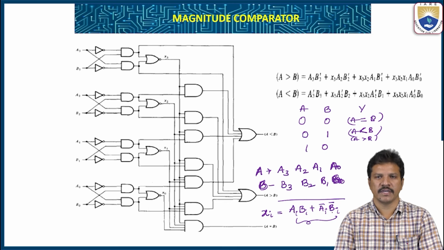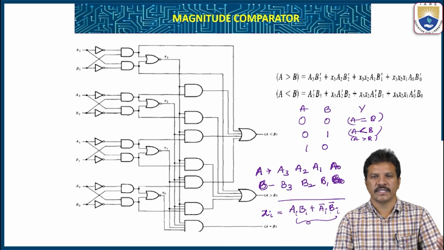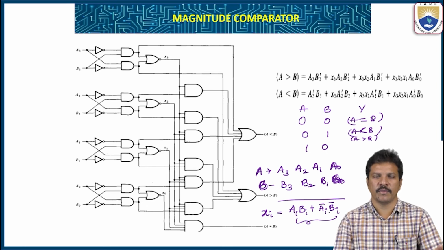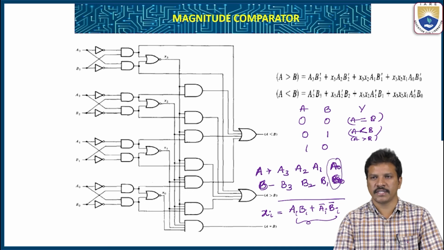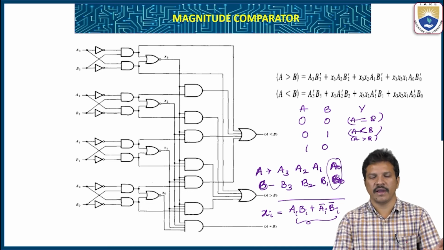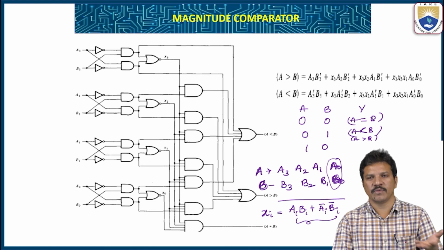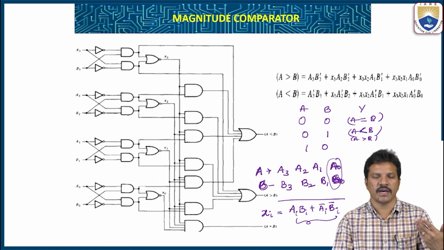The utility of an XNOR gate is that it detects equal bits. If the same input bits are there, the logic output is 1. If opposite inputs are there, the logic output is 0. So if both inputs A0 B0 are the same, how can we identify whether they are equal or not? By checking with the help of an XNOR gate.